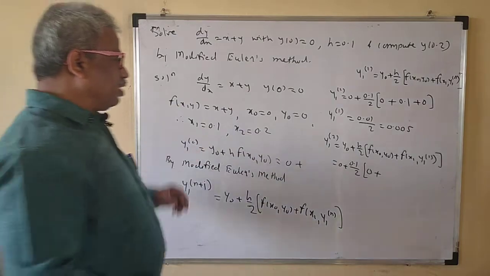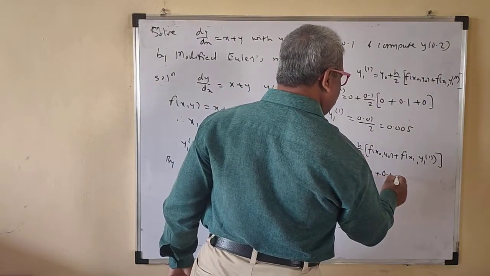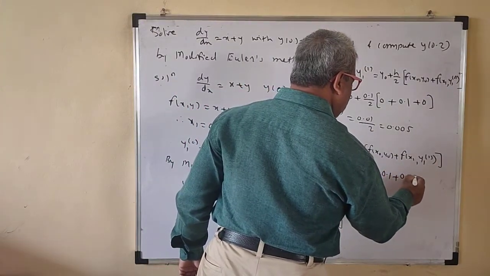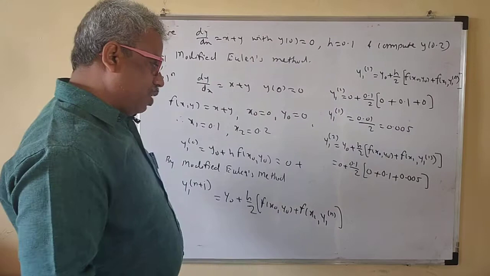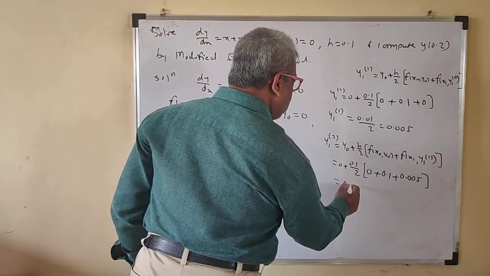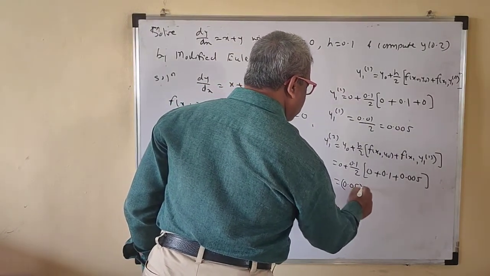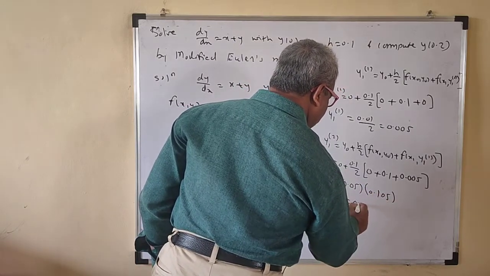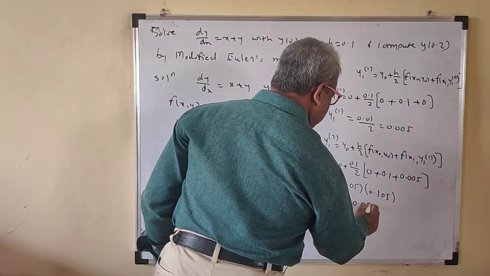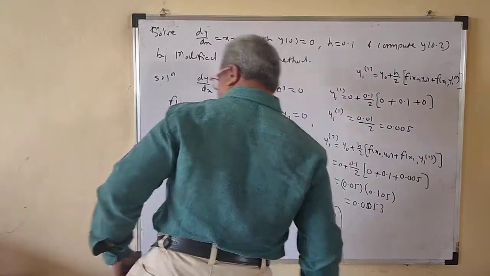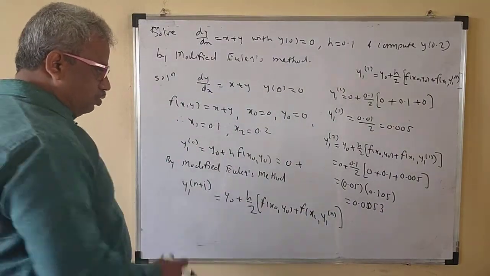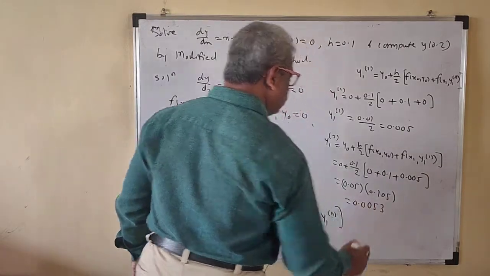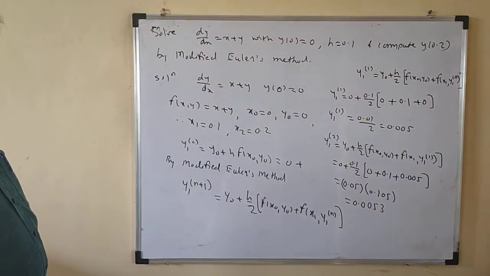What is your x1? x1 is 0.1 plus y1 of 1. y1 of 1 is what? 0.005. So this will be 0.105. And this is what? 0.0053. This value is 0.0053, up to 4 decimal places I have written this value.